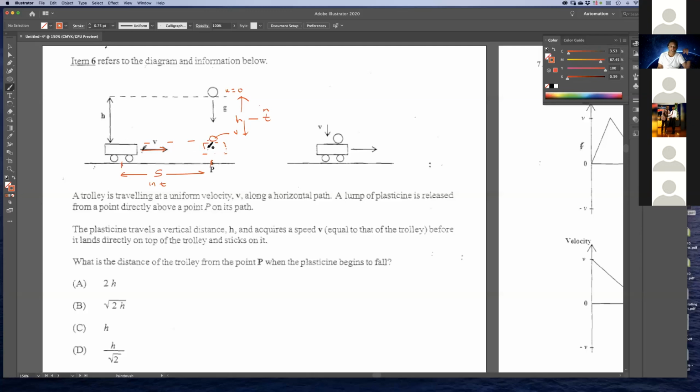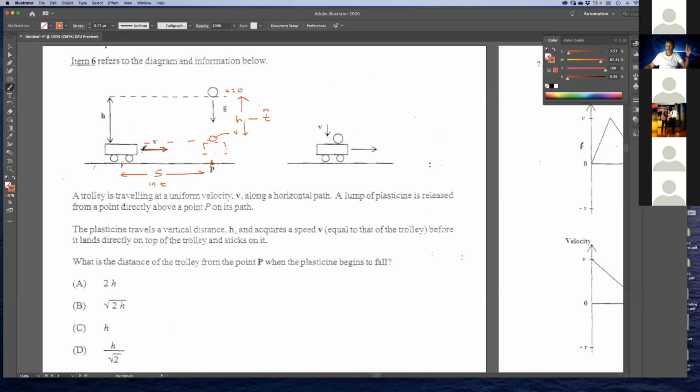One is a constant velocity, the other one is accelerating. Do we understand what the question has presented? They want us to find s. But do we understand? This trolley is starting with a constant velocity and moving with that constant velocity. This plasticine is starting at rest and accelerating to reach that same constant velocity.